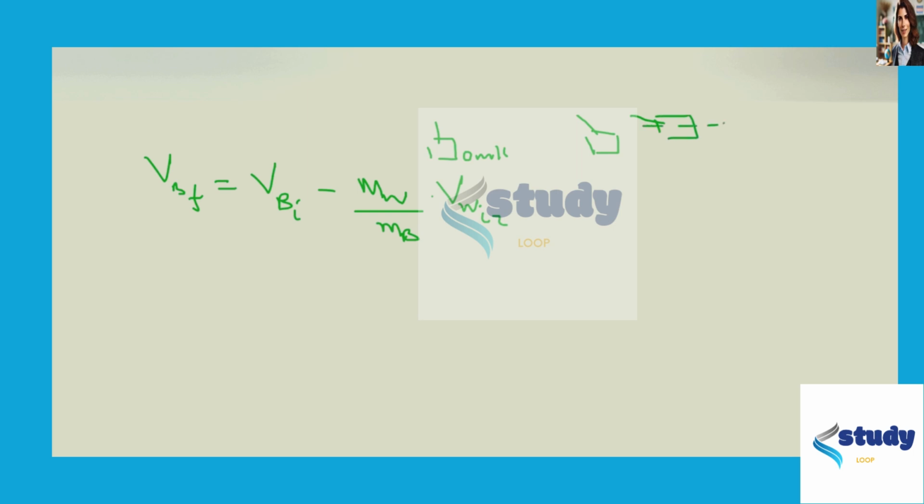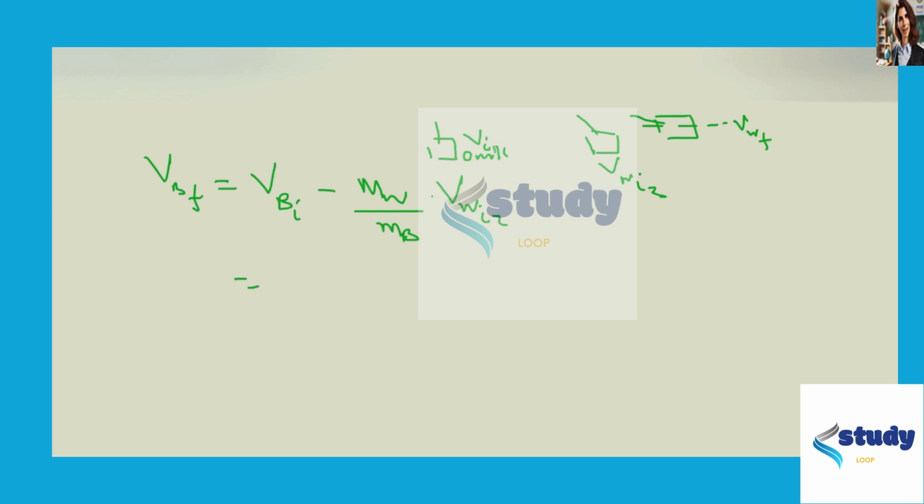Okay, so this is kind of like its final velocity, and this is the initial when it starts to swing. That's why we're calling it subscript 2. This is the initial before any impact, before any impact. So we call it 1.